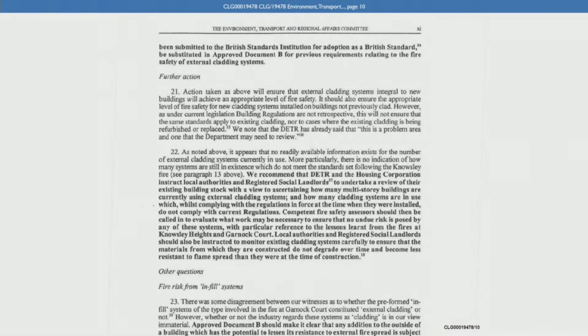Now, when you read that, as you say you did in the early months of 2000, that recommendation that I've just read to you at the bottom of page 9 and onto page 10 in paragraph 20, what did you understand that recommendation to mean? Basically that we needed to move towards more reliance on the large-scale fire test method as an alternative to a system being non-combustible.